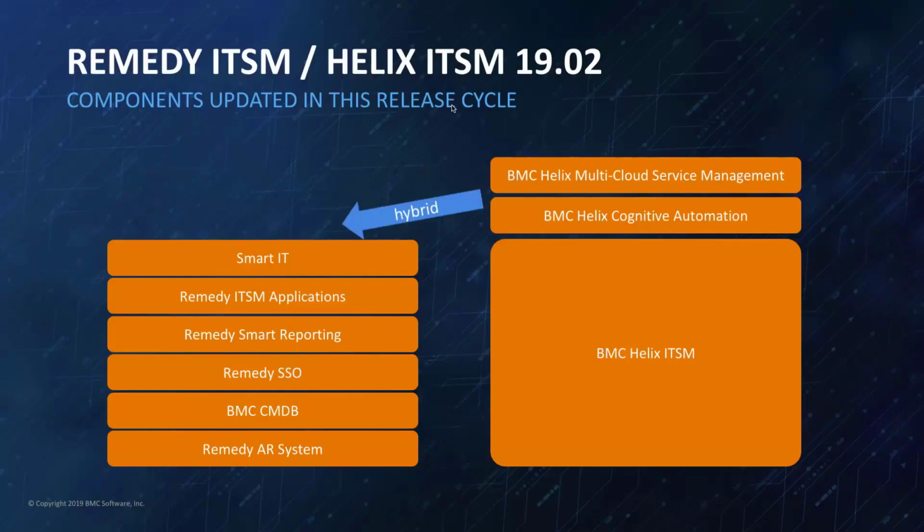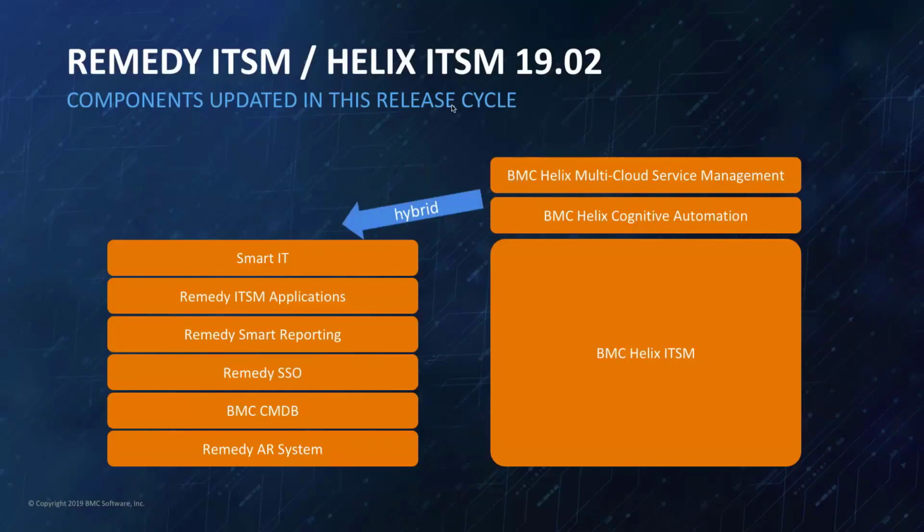But we have an equivalent release for our SaaS offering, which is now branded BMC Helix ITSM. I think you're all aware that we have introduced BMC Helix as our brand name for our SaaS offering. Those components that are exclusively in SaaS are, of course, here on the right side as well, with BMC Helix Cognitive Automation and BMC Helix MultiCloud Service Management as add-on modules.